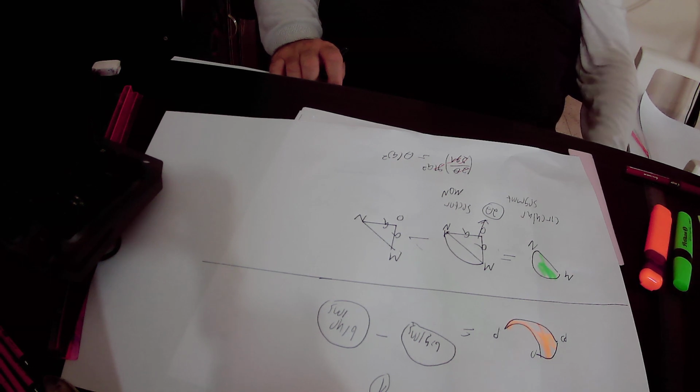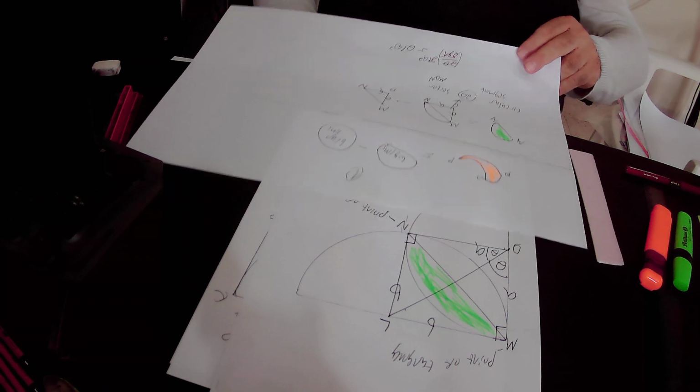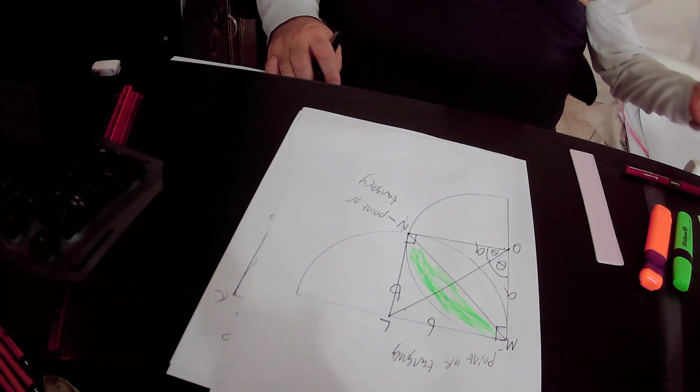So what is the area of the second circular segment?